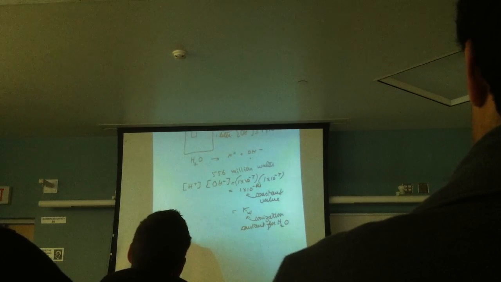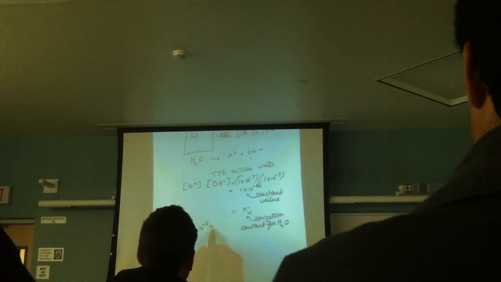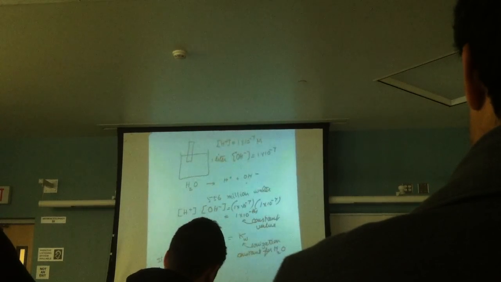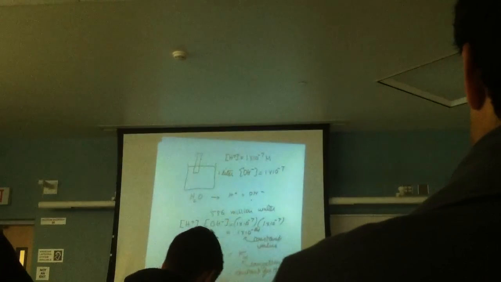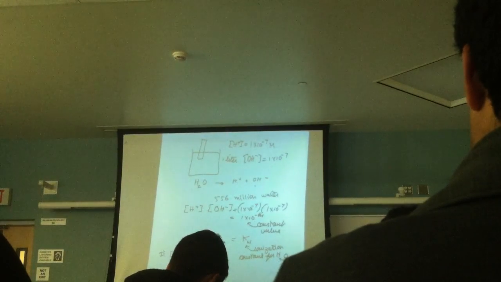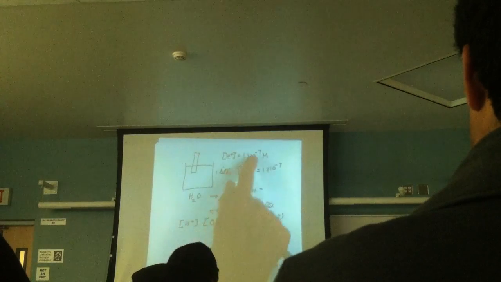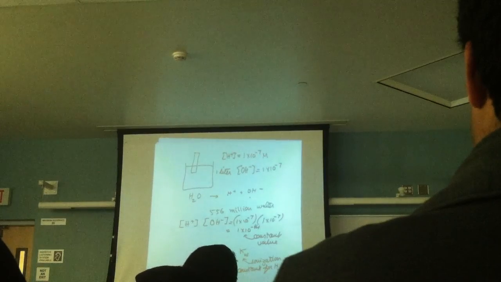If the hydrogen ion is 10 to the negative 5, is that more hydrogen ion than the neutral or less? More. 10 to the negative 5 is larger than 10 to the negative 7, right?